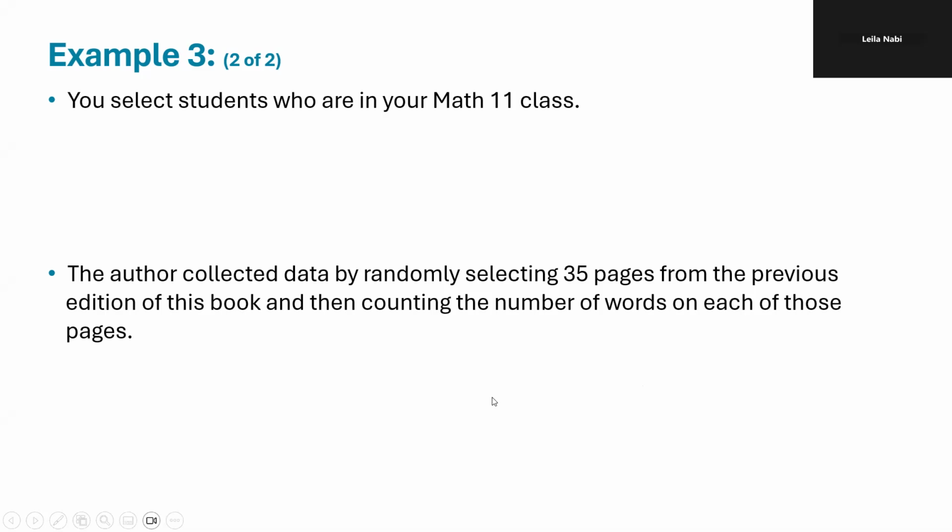Next example. The author collected data by randomly selecting 35 pages from the previous edition of this book and then counting the number of words on each of these pages. Okay, so it says select 35 pages of the book. If you look at the book as a whole population, each page of the book is called a section of that book.